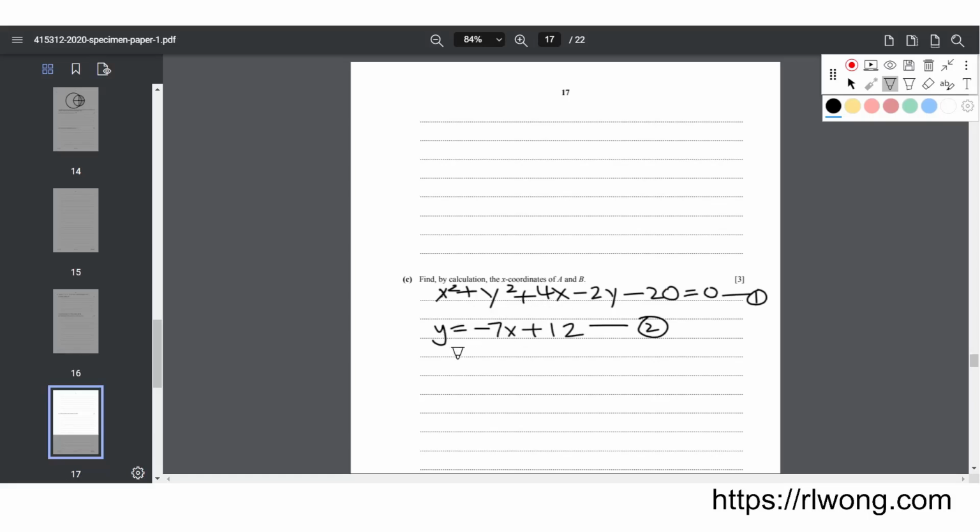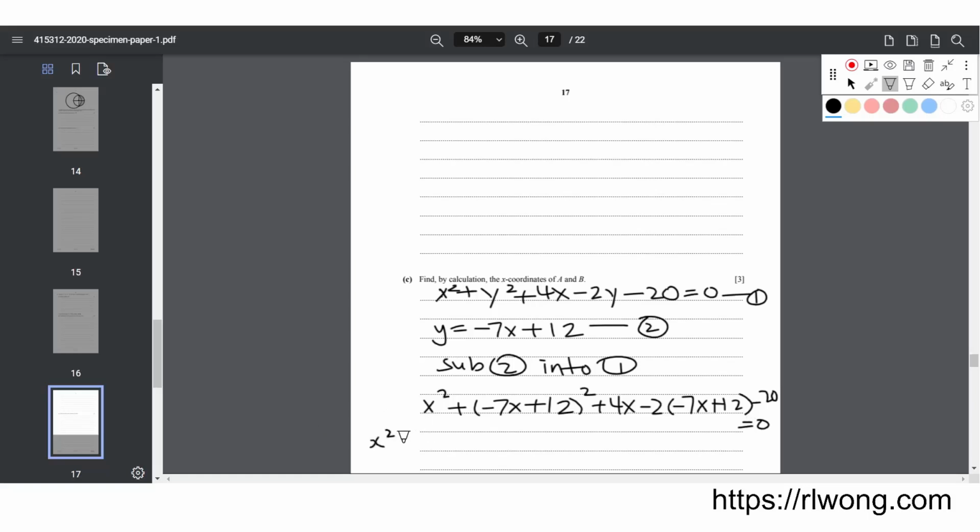So y is the subject already. So I can substitute equation 2 into equation 1. Okay, so I have x squared plus (-7x plus 12) squared plus 4x minus 2 times (-7x plus 12) minus 20 equals 0.